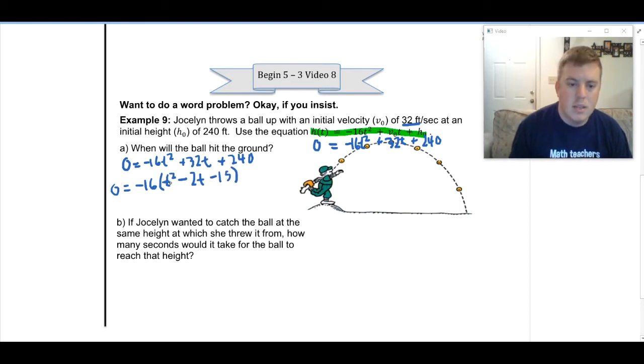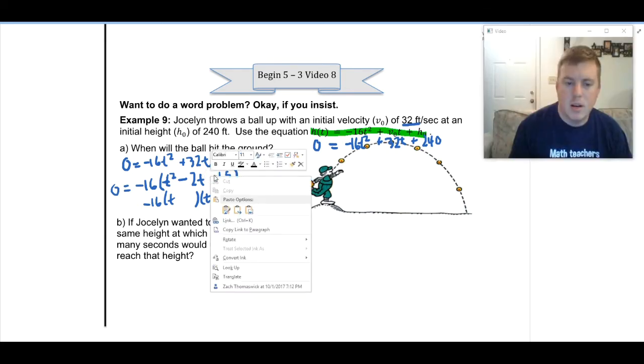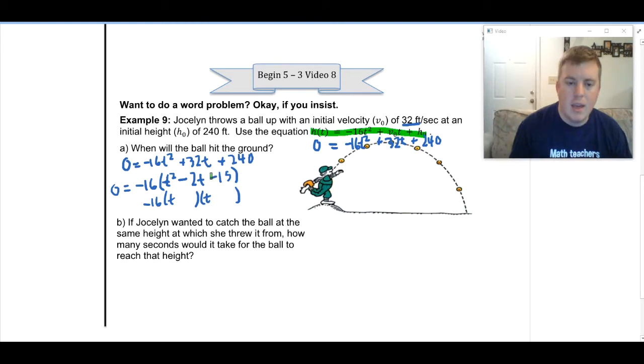So now I'm set up so that I can factor this. I'm going to look at the t^2 term. It does not have a coefficient in front, so I'm going to lock in my variables of t and t at the beginning. I want to next check to see what signs I'm going to need. I have a negative for my last term, and I have a negative for my middle term. So that means I'm going to need a positive and a negative number.